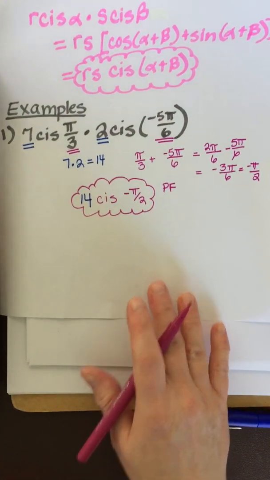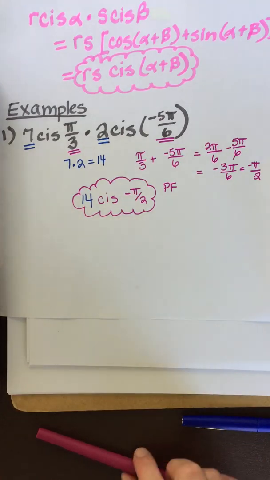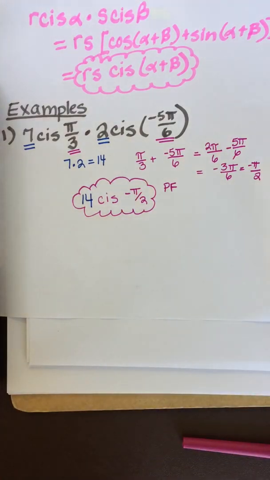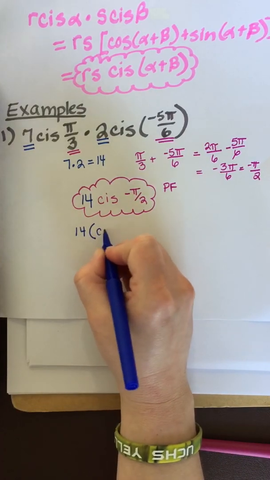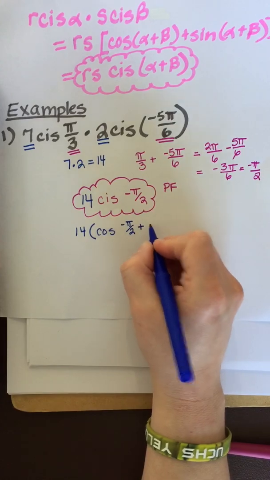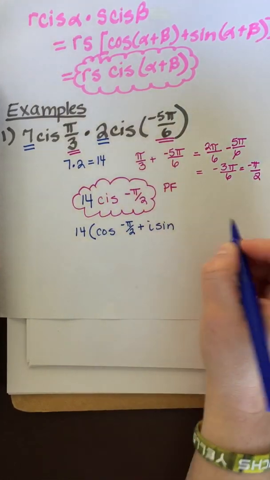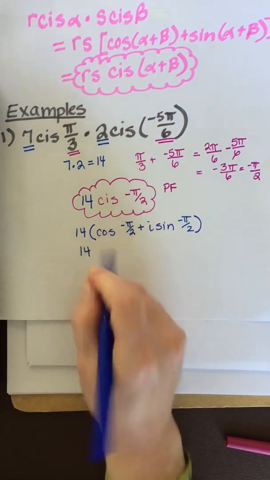And let's say they want that also in the rectangular form. So we're going to use the formula that we used to graph. So the 14 goes out front, and that would be times the cosine of negative pi over 2 plus i times the sine of negative pi over 2. Now I'm going to use my unit circle values.